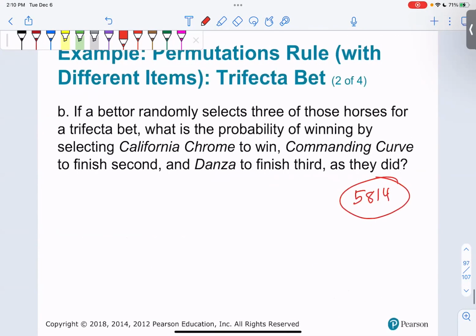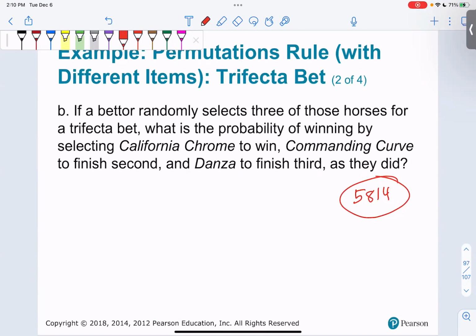Okay, so for B, what's the probability of winning by selecting this horse to be first, this one the second, and this one the third place?